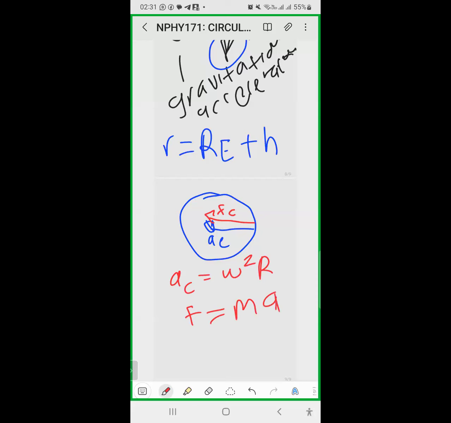In this case, the F net is given by the normal force minus the weight, which is mass multiplied by the gravitational acceleration, and this is equal to the mass multiplied by a, the centripetal acceleration, which is given by minus omega squared r.